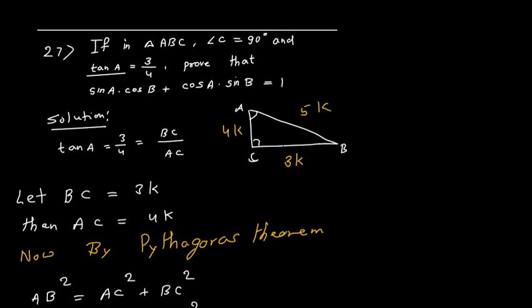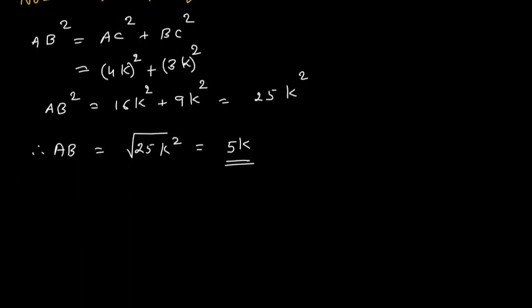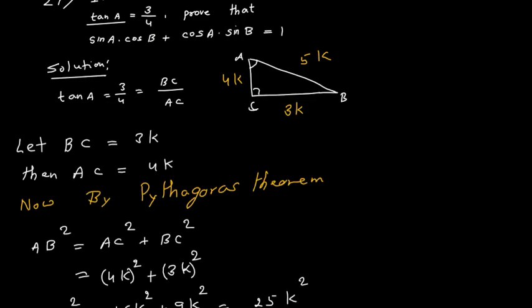We have to find sin A cos B plus cos A sin B. So now sin A into cos B plus cos A into sin B is equal to, now sin A, see this triangle, sin A is BC upon AB.